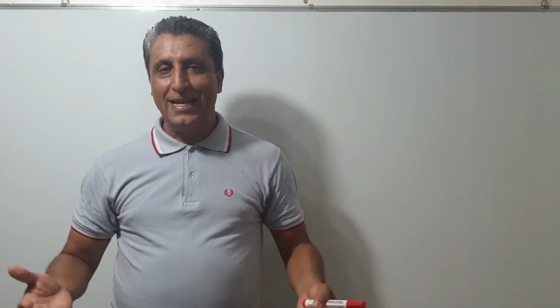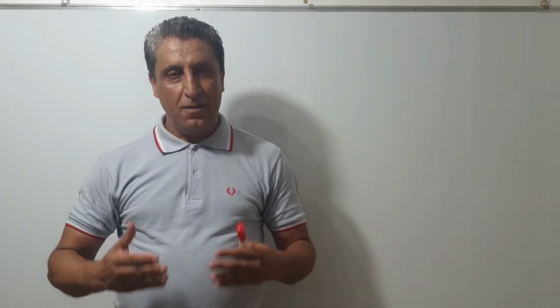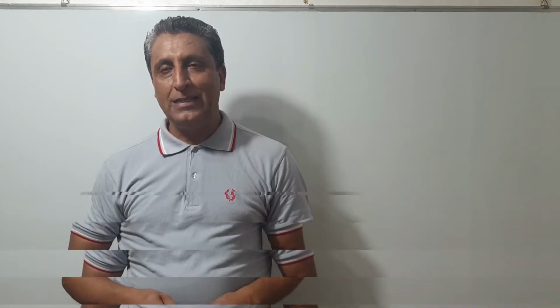Of course, when we conjugate any verb in any tense, we conjugate this verb in the affirmative, negative, and interrogative form. Since we are talking about the present simple, the affirmative form is really easy.